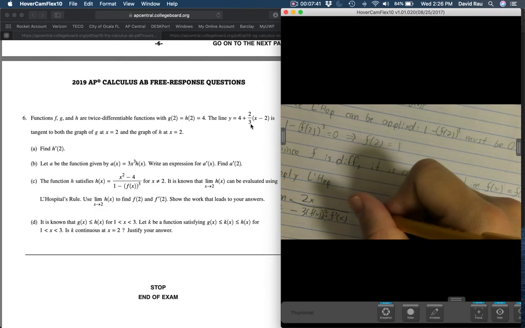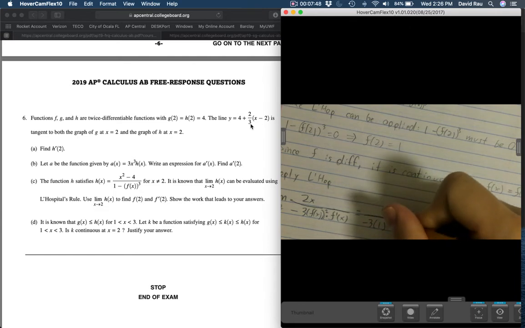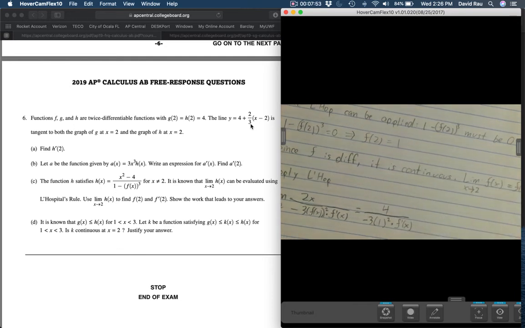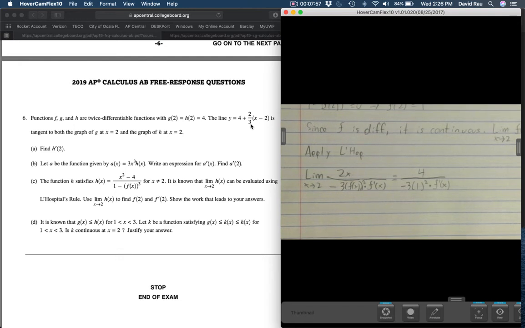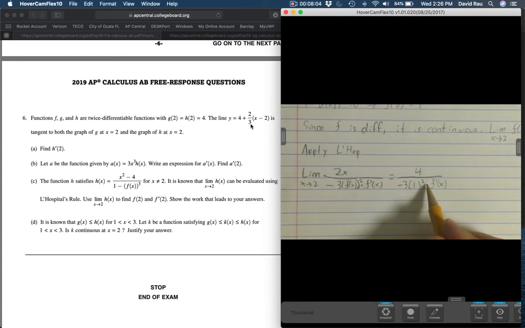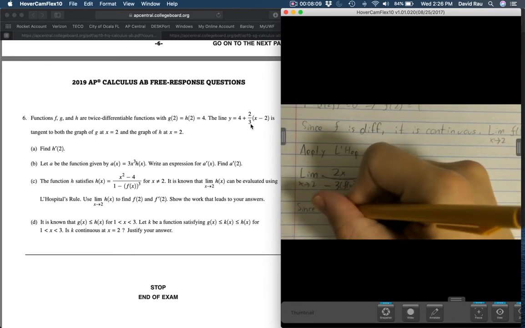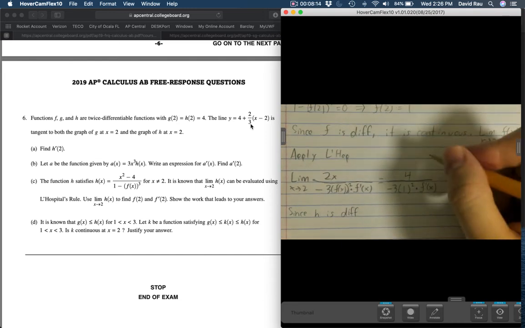All right. From there, let's see what we have here. We now have 4 over negative 3 times 1 squared times f prime of x. And now what we should say is kind of the same argument. We are trying to find the limit of h of x, essentially. And so same argument, since h is differentiable. They're both twice differentiable, but you just have to say differentiable.